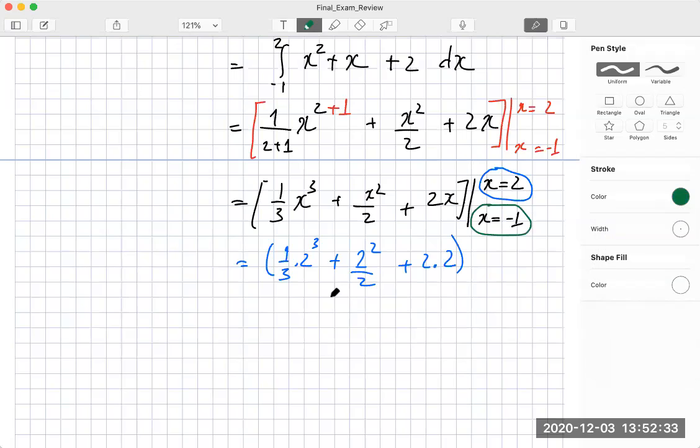Now we evaluate the lower limit, which is 1/3 times -1 cubed, plus the other terms.